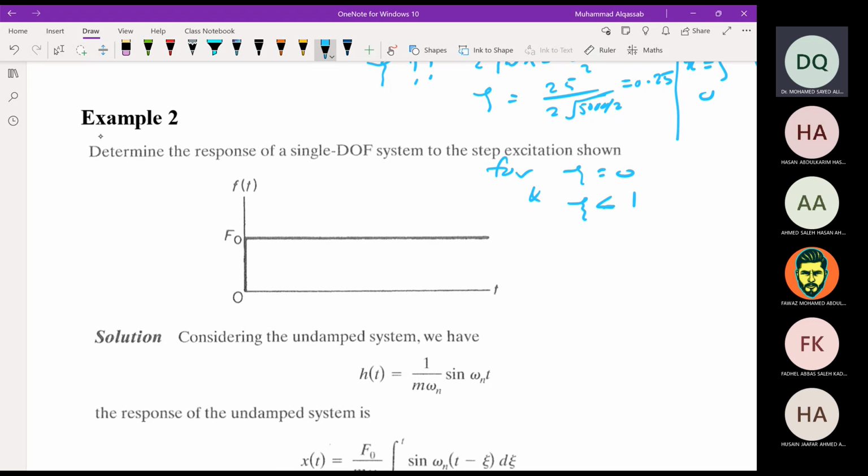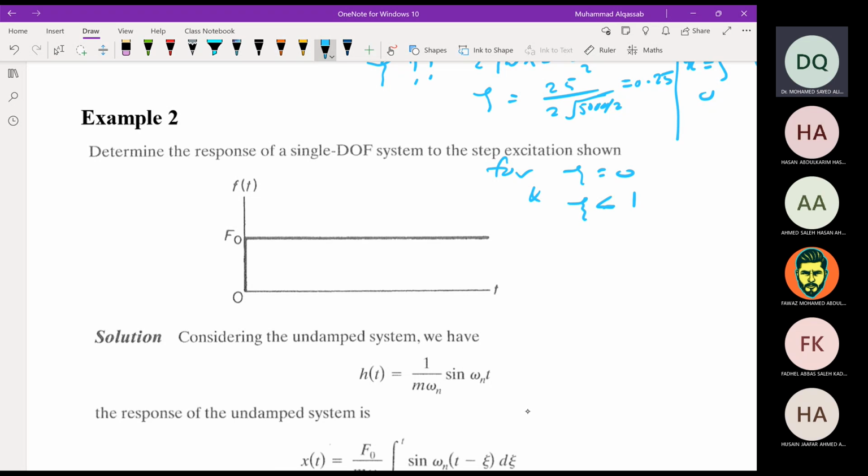The force is called step excitation. As you can see, it is 0 before t equal to 0 and suddenly equal to F naught. That's called the step. Okay, and for undamped, h of t is 1 over m omega n sine omega n t.